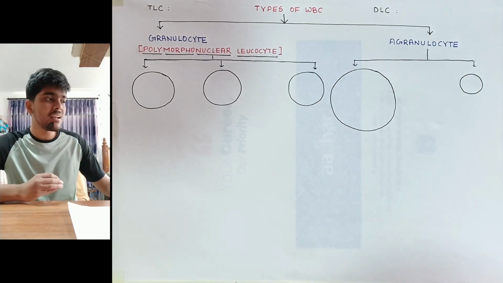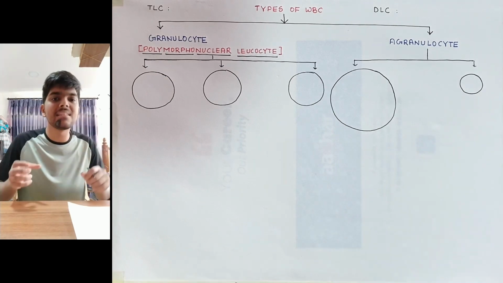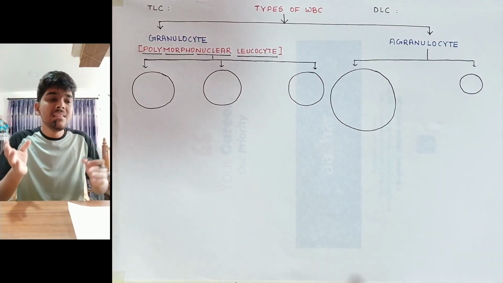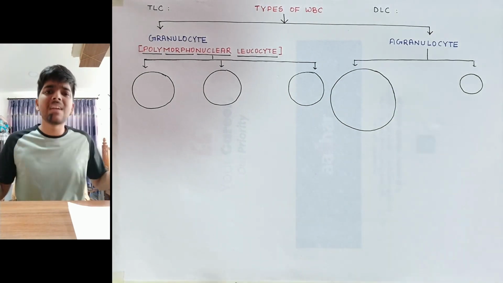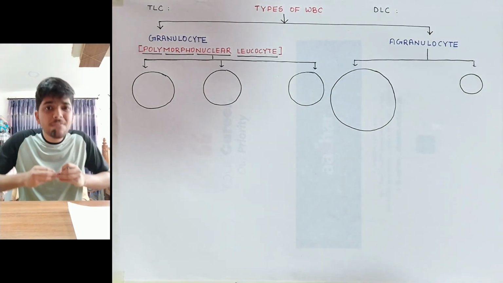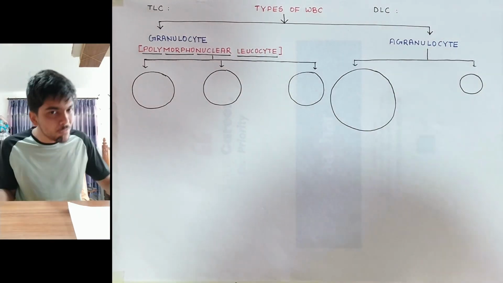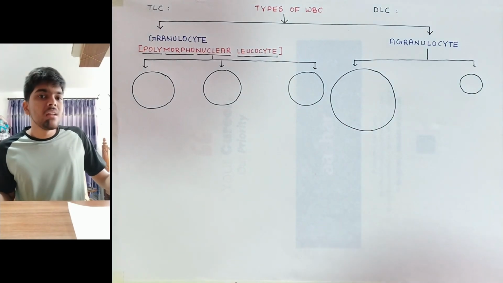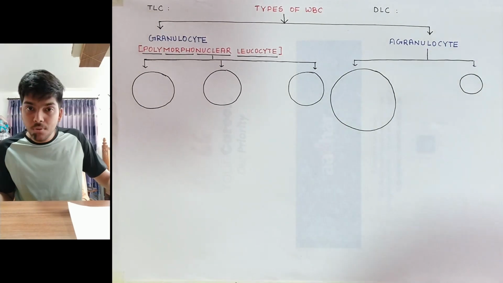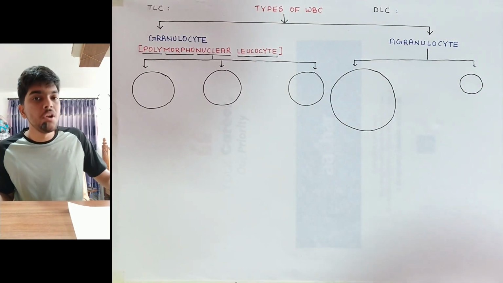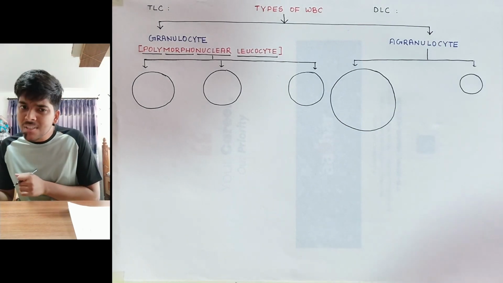There are nucleus that are multi-lobed, nucleus that are bi-lobed, nucleus that look like sunglasses, nucleus that look like the letter S. So since there's presence of nucleus of multiple forms or morphology, the leukocytes are called so. By that I mean granulocyte are also called polymorphonuclear leukocyte. That you will come to know after I draw the diagrams of different types of leukocytes.